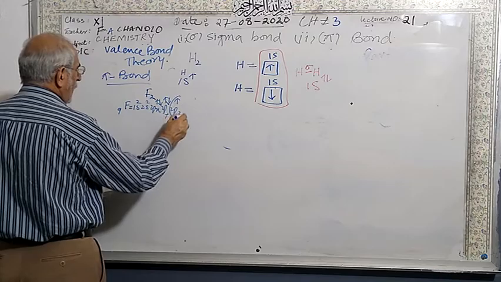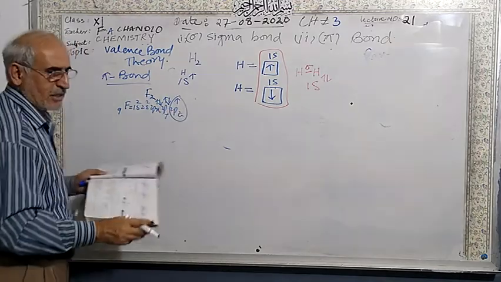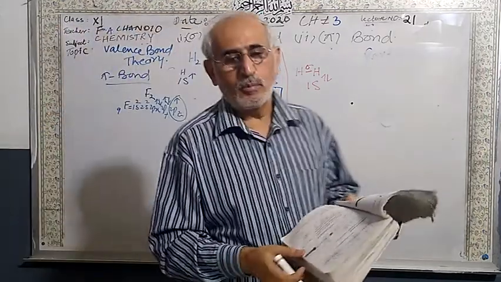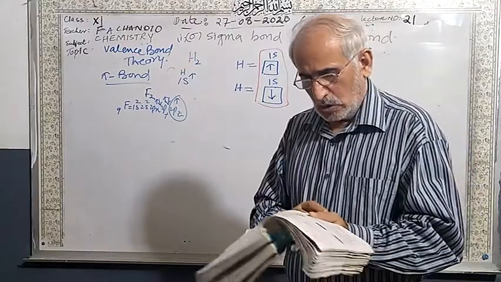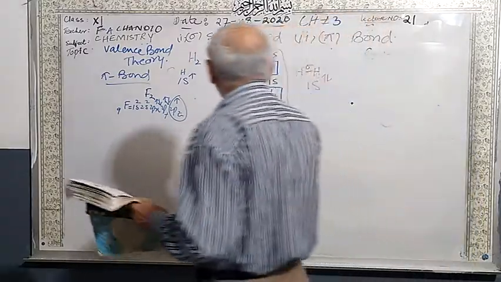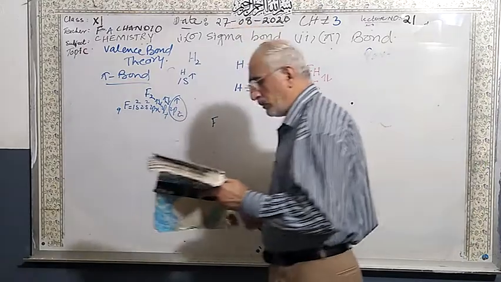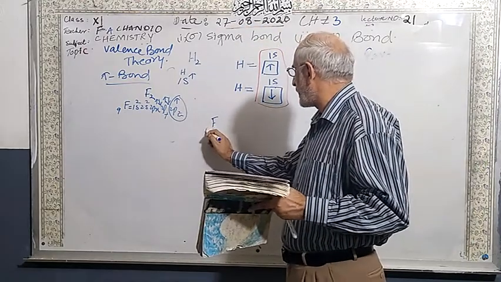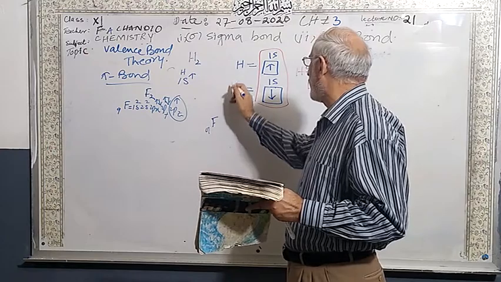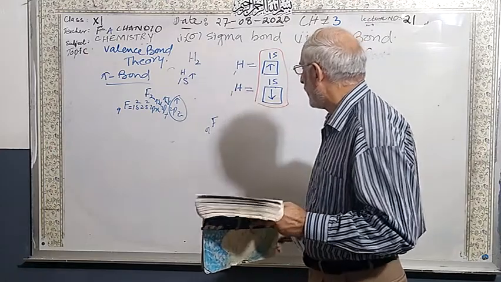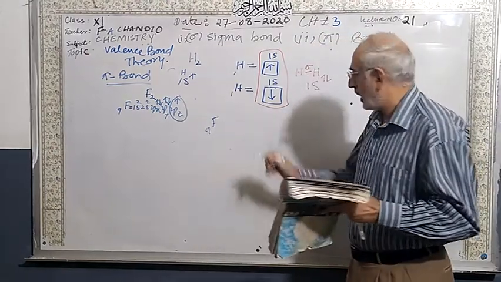Only one atomic orbital is partially filled to form a bond. So for the fluorine molecule, this is one fluorine atom, atomic number 9; the atomic number of hydrogen is 1.